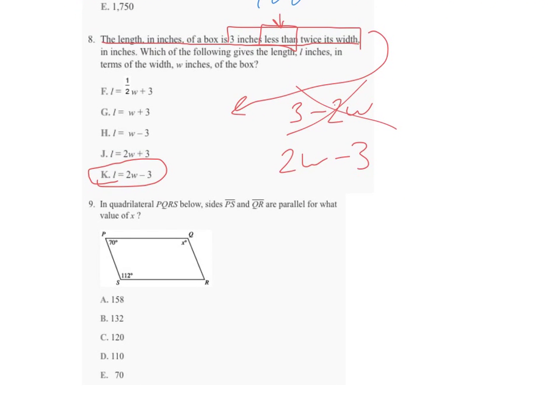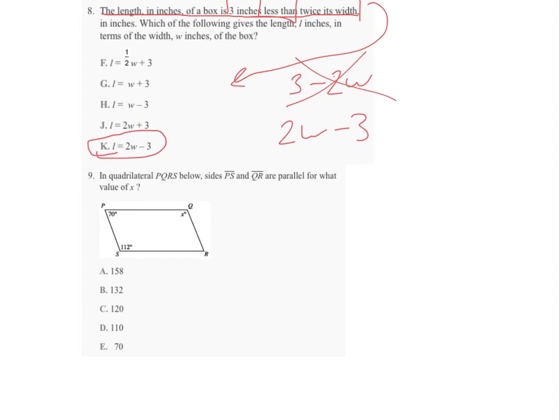Number 9. Okay, number 9, we have a quadrilateral PQRS, and we know a couple of its sides are parallel. Here's the danger. As you look at this problem, we know that PS is parallel to QR. That's true. But it says up here that that's a quadrilateral. Well, that just means four-sided shape, which means we can't necessarily trust our eyes.